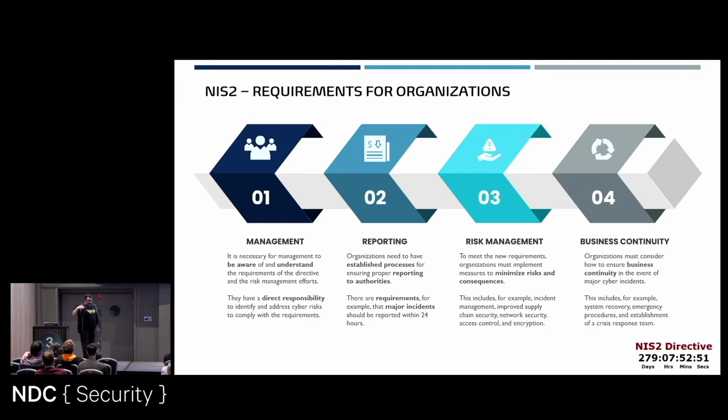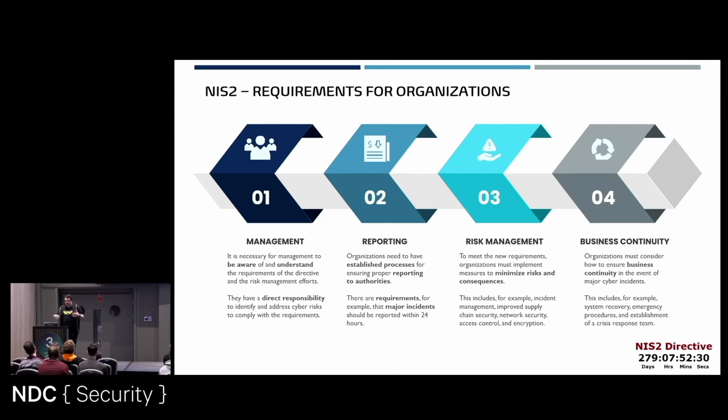The risk management side, understanding those measures, which are on the very next slide, and then ensuring business continuity. That's also part of the requirements. And this includes, for example, system recovery, emergency procedures, having a crisis response team, and so on.